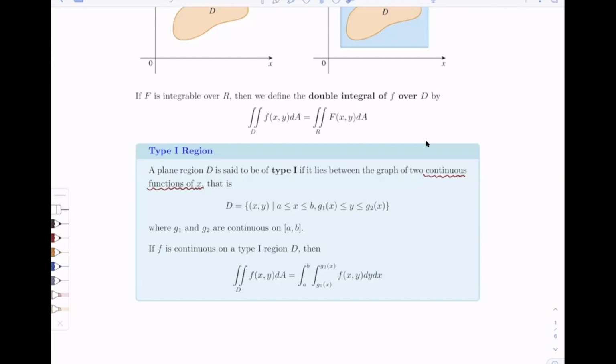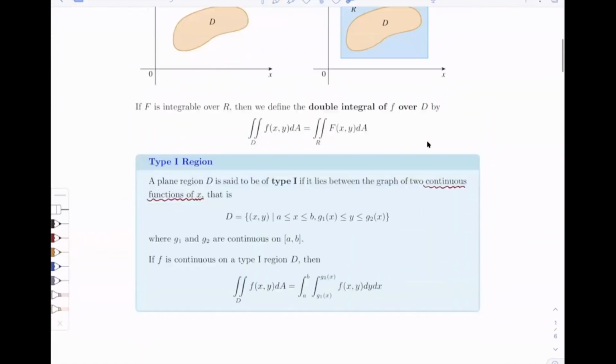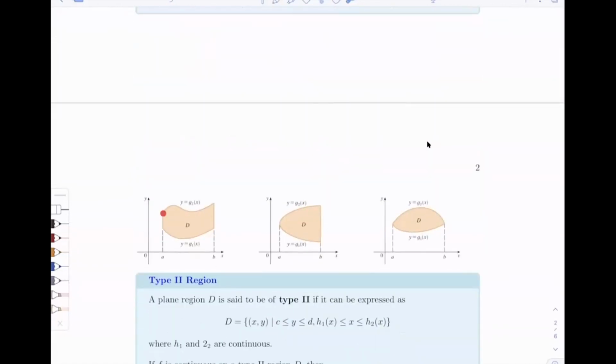So your x is in between two numbers and your y is in between two continuous functions. If you have that, then this is how you compute your integral.